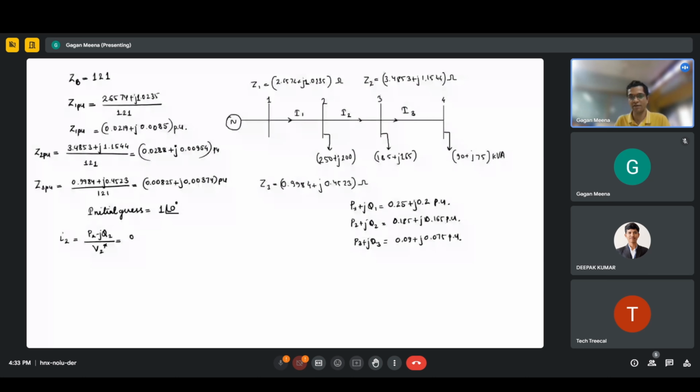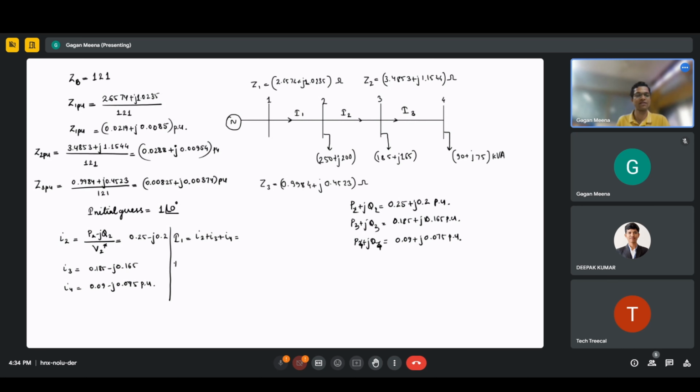These are I2, I3, I4. So I2 is 0.25 minus j0.2, I3 is 0.185 minus j0.165, and I4 will be 0.075. Now calculate I1. I1 will be the sum of all three: I2 plus I3 plus I4.